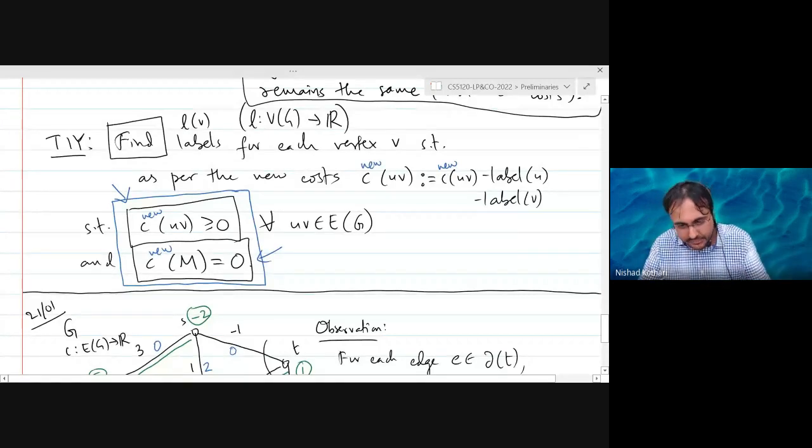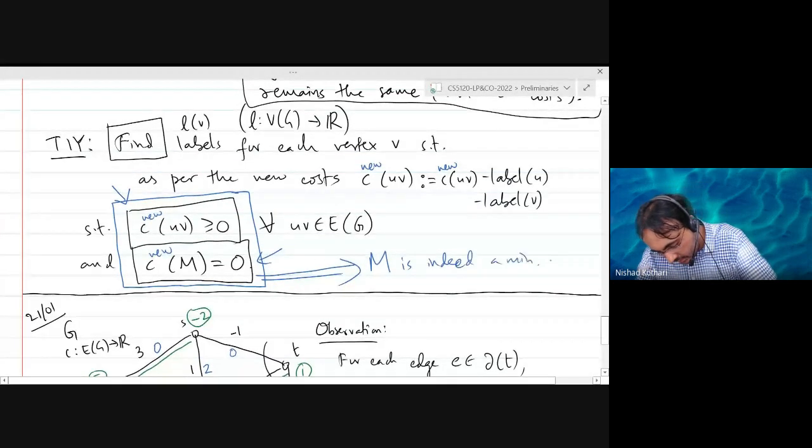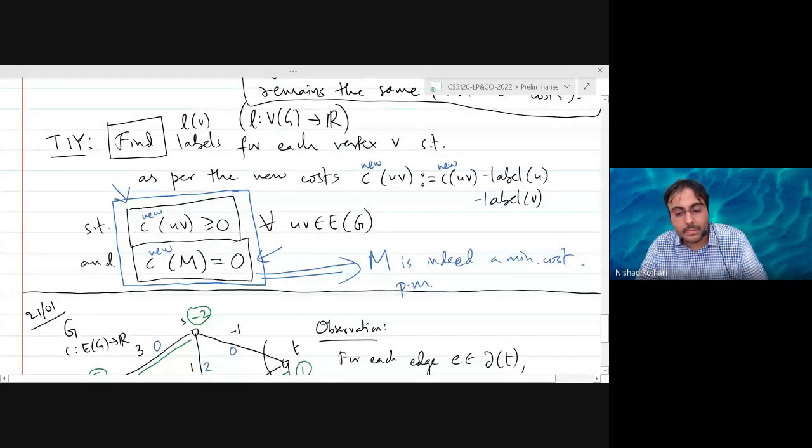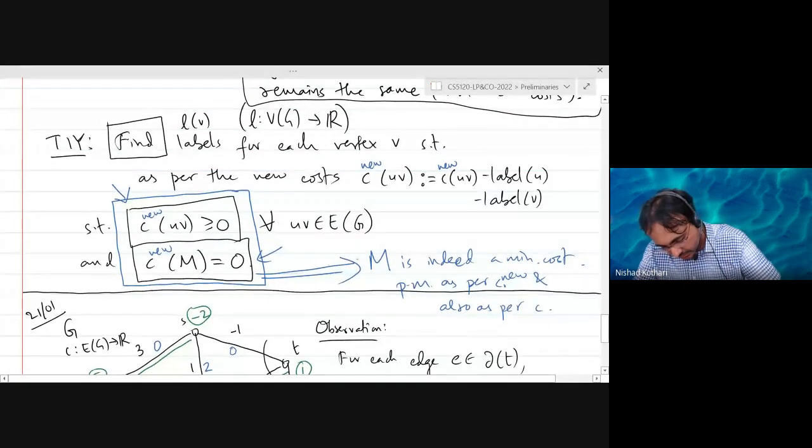The graph is the same, but also with the original costs. Observe that these conditions imply that M is indeed a minimum cost perfect matching, as per C nu and also as per the original costs.